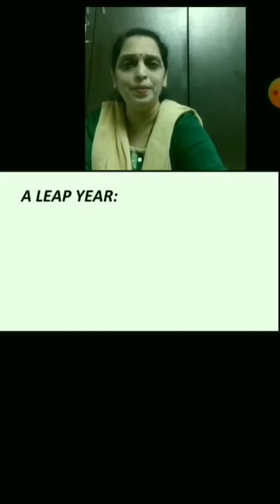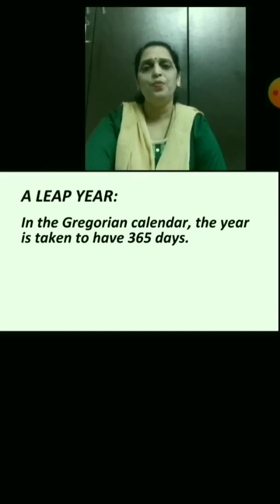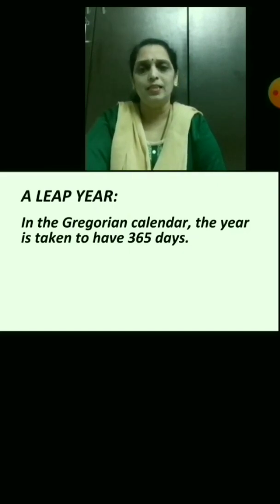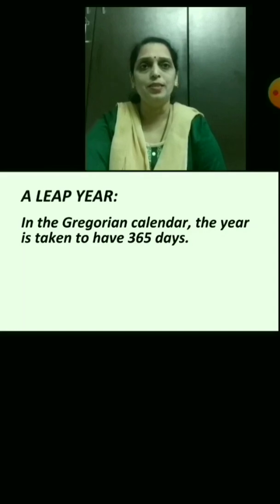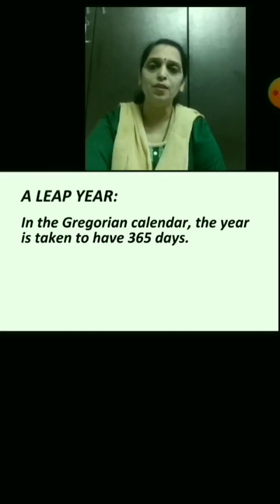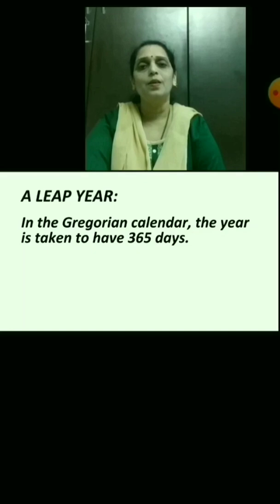And the next is a leap year. Let's see what is a leap year. In the Gregorian calendar, the year is taken to have 365 days. Gregorian means, students, it is a calendar used in most of the world. It means the calendar which we use at our residence from January to December.